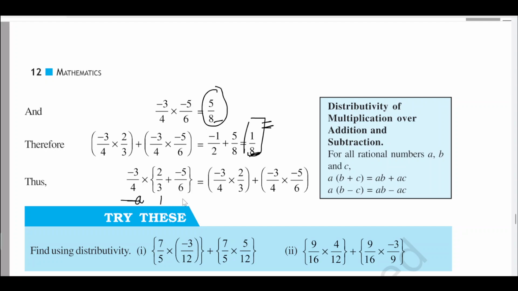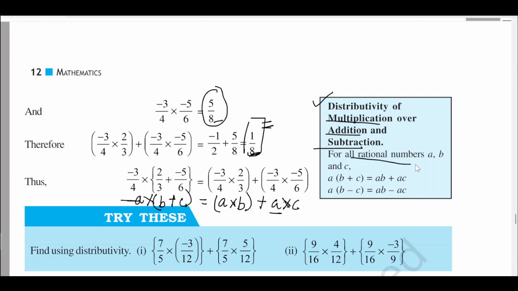Thus, writing in the form of A, B, C: A into (B plus C) is equal to A into B plus A into C. So you see the multiplication is being distributed over addition and subtraction. It is called distributivity of multiplication over addition and subtraction.